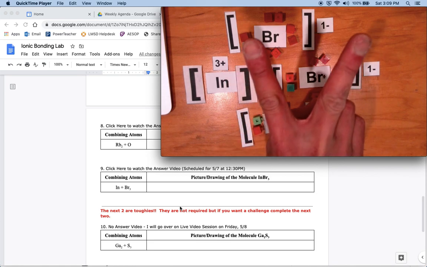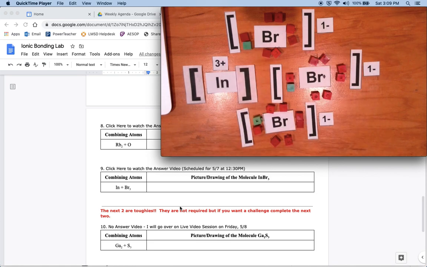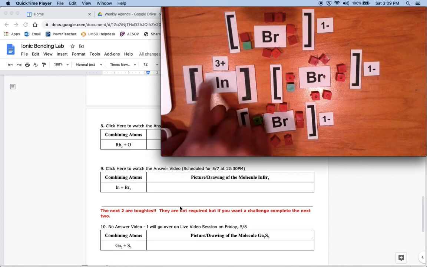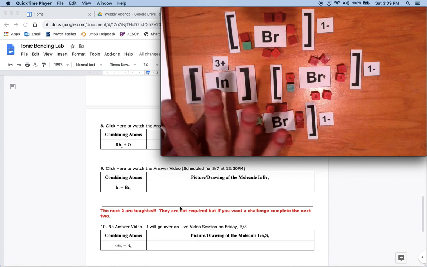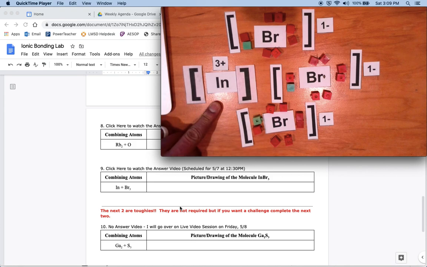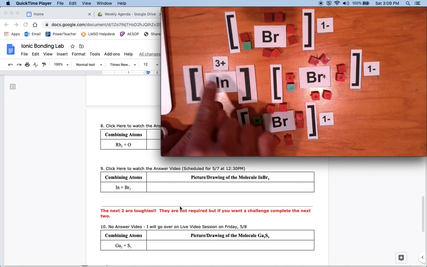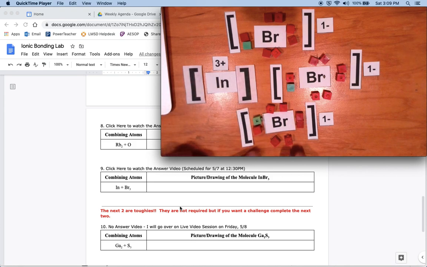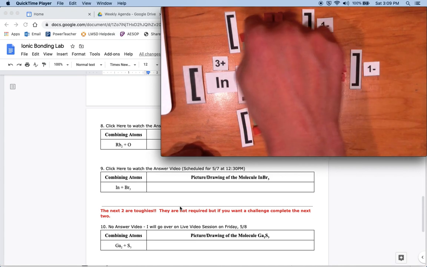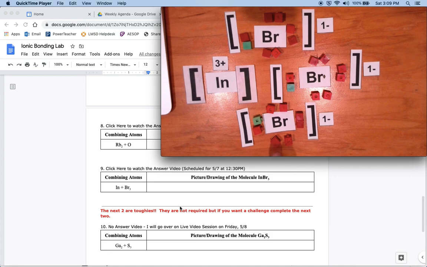Now, there are 2 ways you can figure out that you did it right. Number 1, the one that gave away its electrons has 0. In all ionic bonds, one of the atoms has to get to 0. Number 2, these all have 8 valence electrons. So my takers all have 8. So I know I did it right because I have 0s and 8s. Perfect.